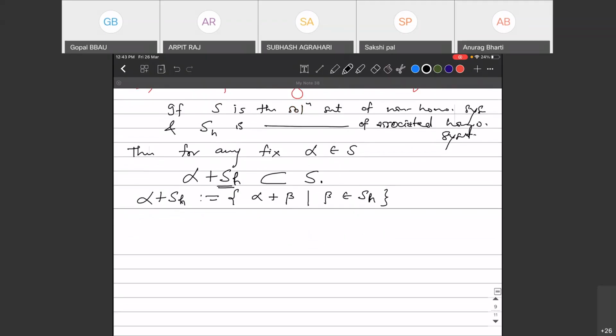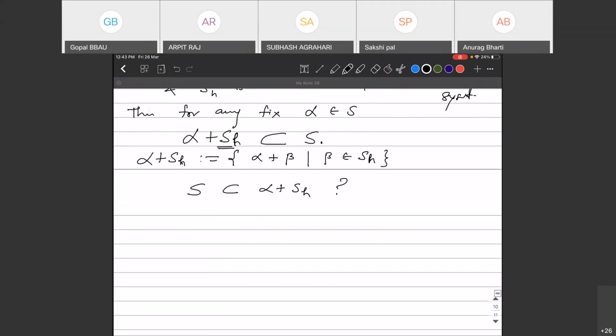So this is the first part. Let's see another part, whether S is contained in alpha plus SH or not. क्या ऐसा होगा? Let's see this. So for this, choose a point z in S, means a solution of the non-homogeneous system, correct?